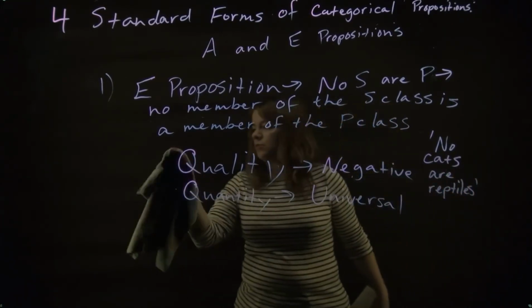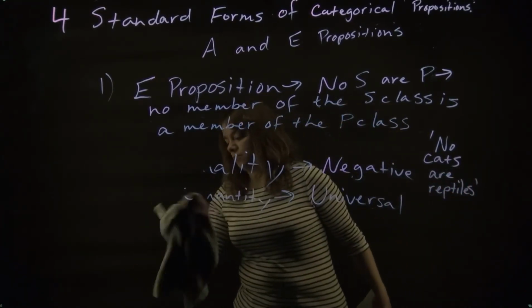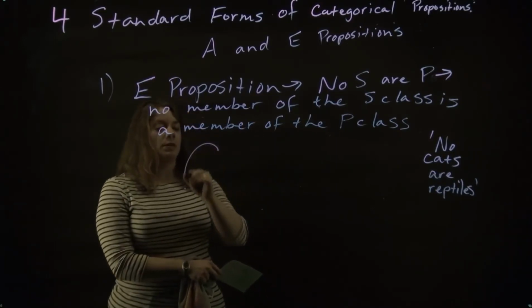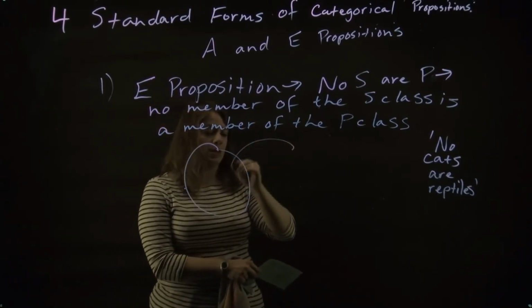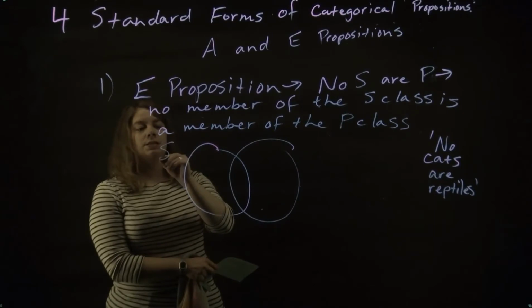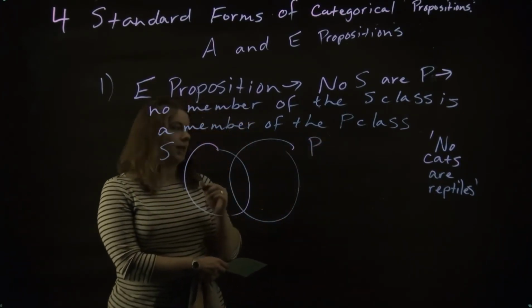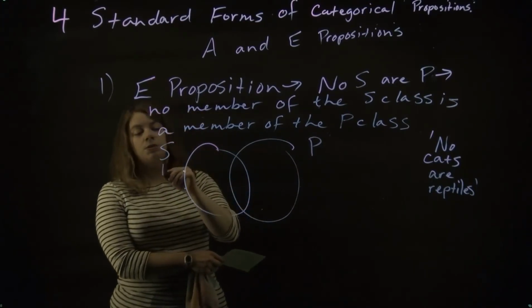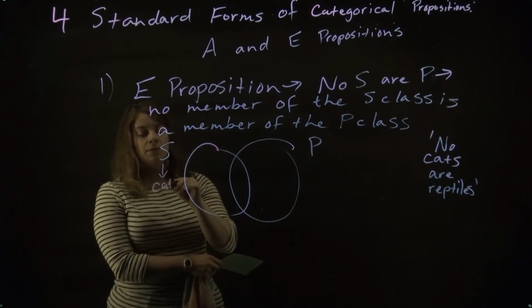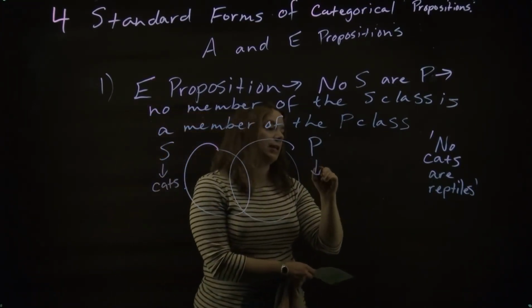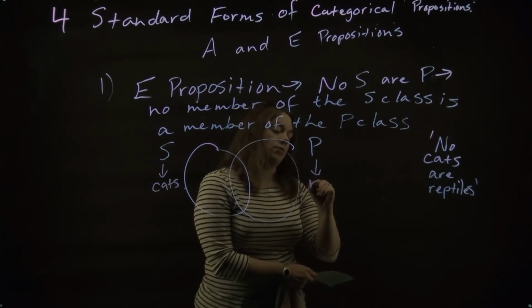So again, let's use our Venn diagrams to demonstrate this fact real quick. We set up our Venn diagram the way we did previously. We put our S class over here and our predicate class over here. And let's take our example. Once again, the S class is cats, and this time the predicate class is reptiles.